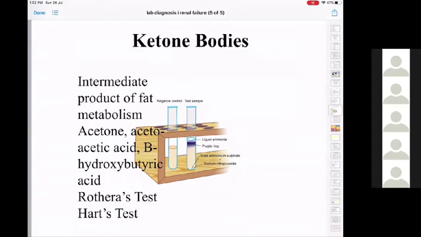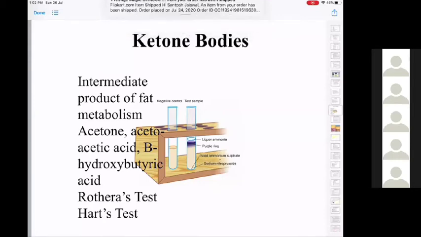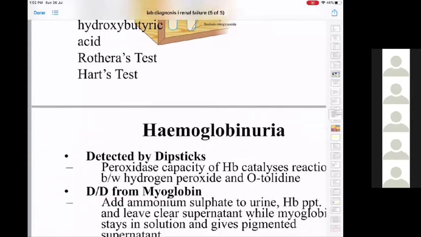Ketone bodies are intermediate products of fat metabolism, that is acetone, acetoacetic acid, and beta hydroxybutyric acid. Those three are the ketone bodies. The most important test is the Rothera test. The Rothera test is specific for ketone bodies, and there is also the Hart test, but that is not as important, while the Rothera test is important.